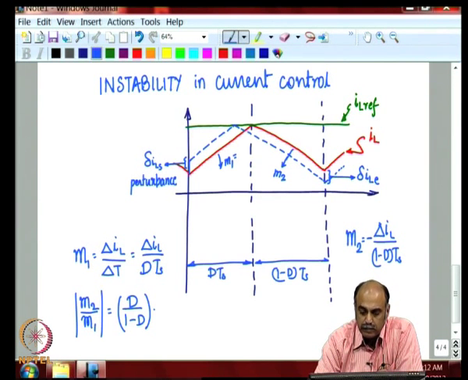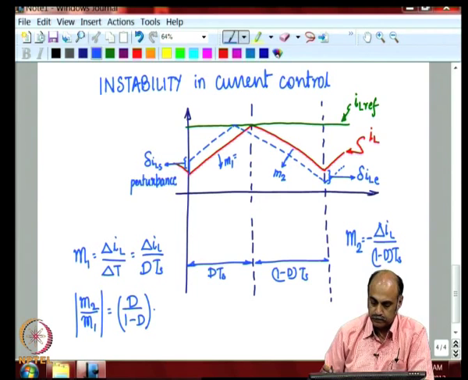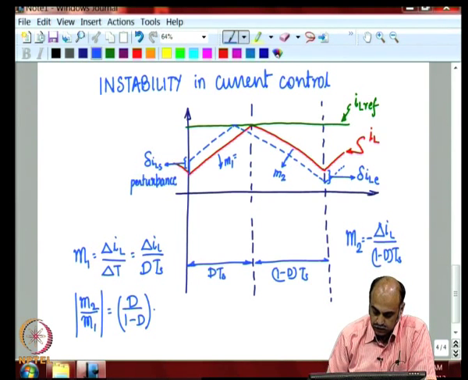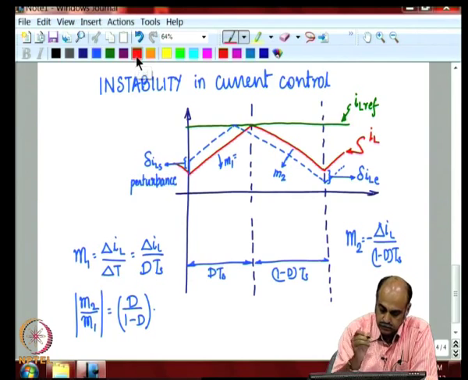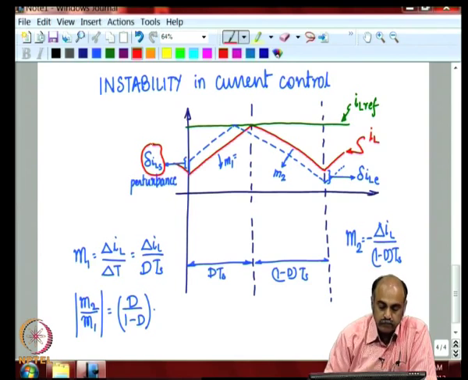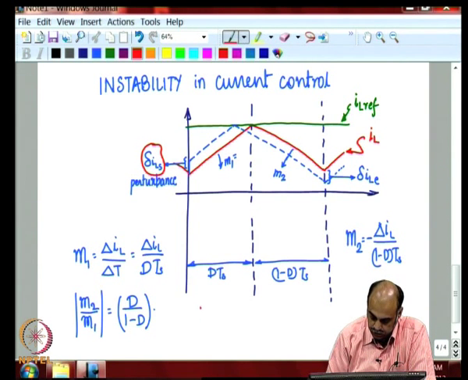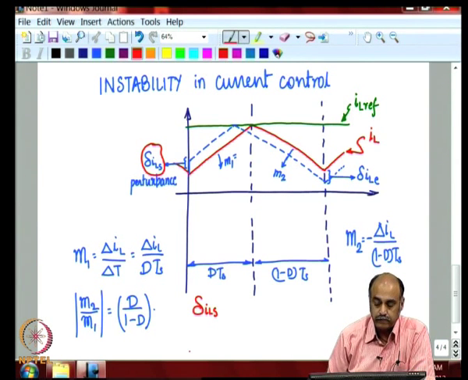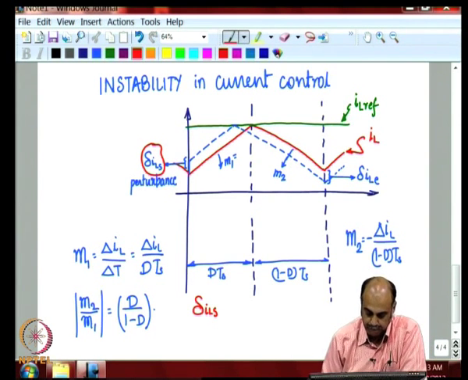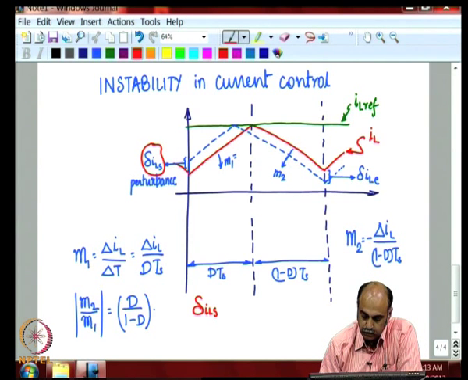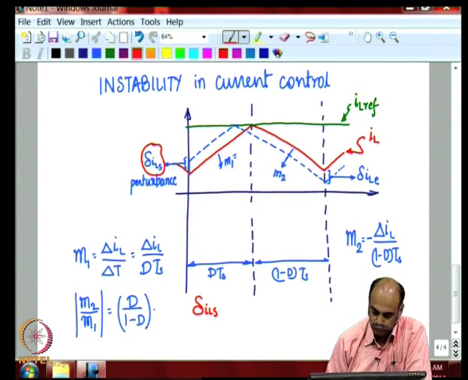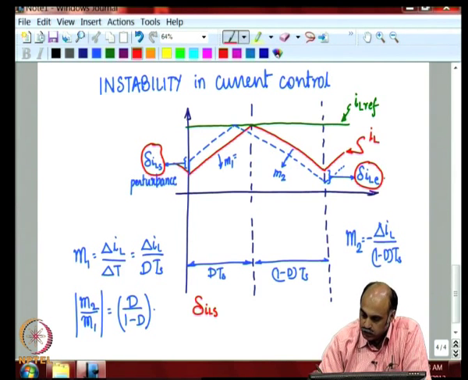So, what it would also mean is, if I am having a perturbance delta IL at the start of the period, then at the end of the period, what would you get?